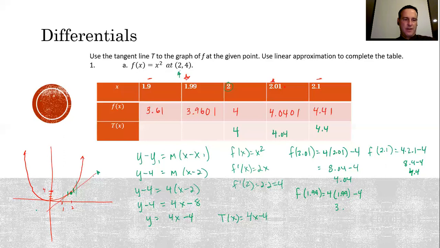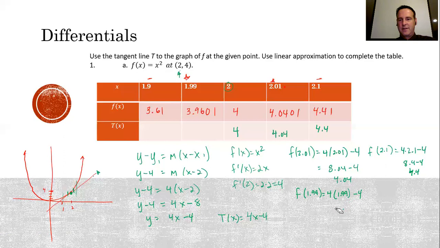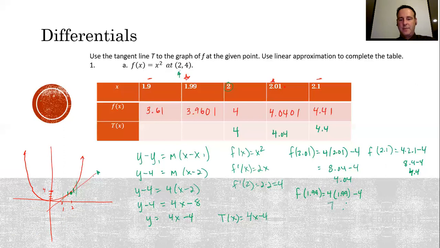Sorry, it's late. But here we go. 7.96 minus 4. And what does that give me? That gives me 3.96.